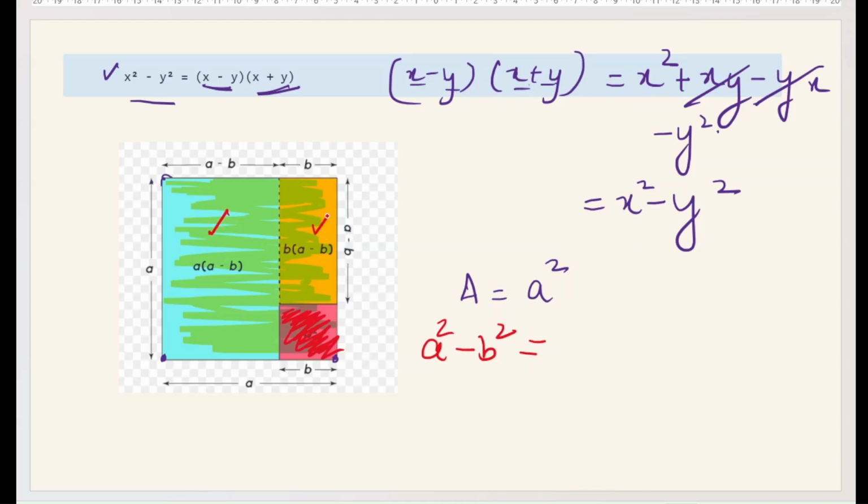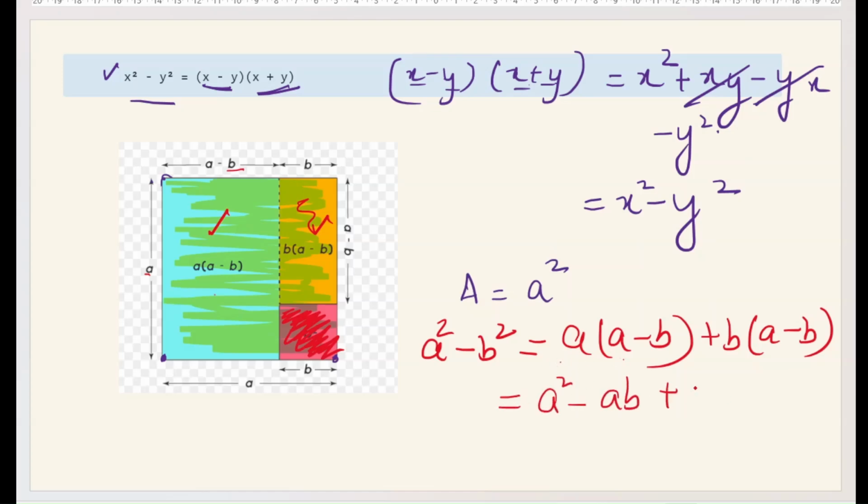One rectangle and a second rectangle. The first rectangle has area a into a minus b. Then the second rectangle has area b into a minus b. Right? So that becomes, let's multiply, a square minus ab plus ba minus b square. Now if I cancel this, I get a square minus b square. Okay? This is a very good and very nice identity.